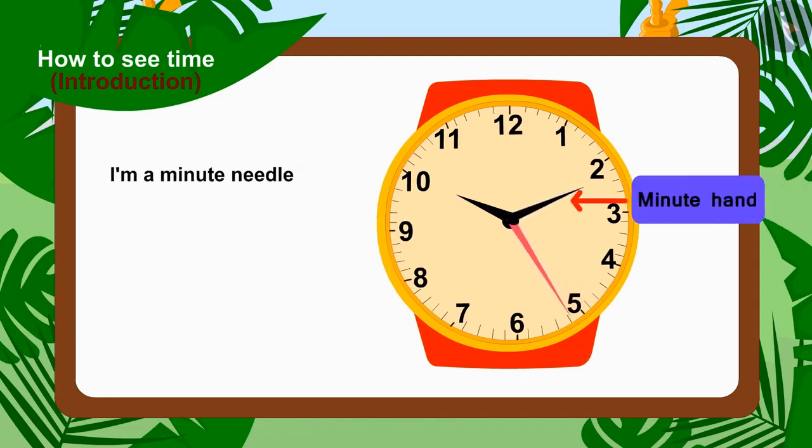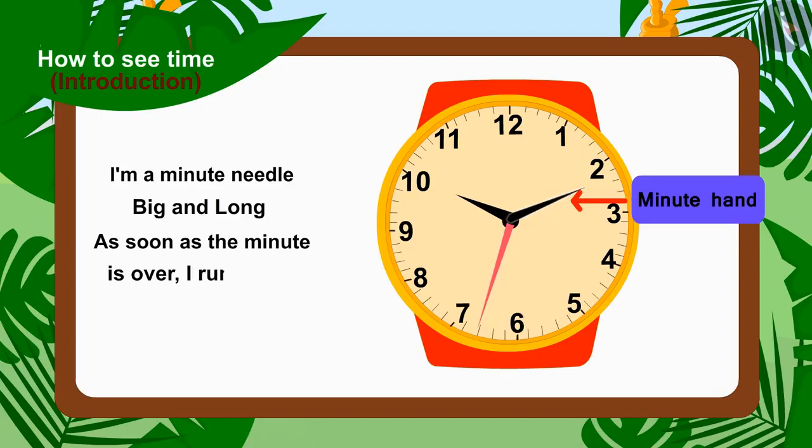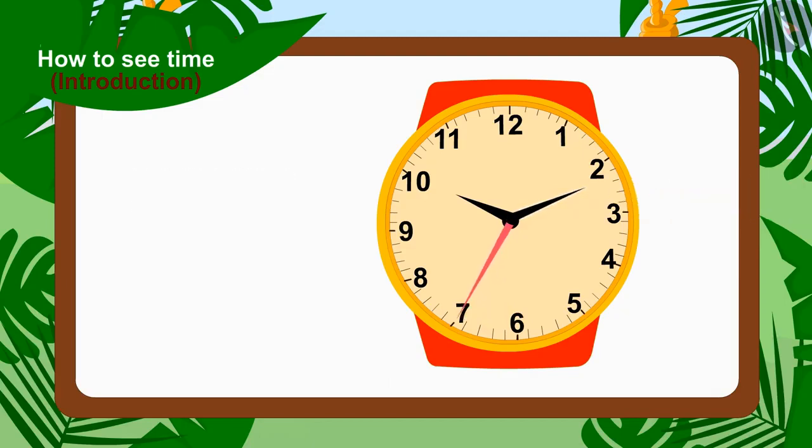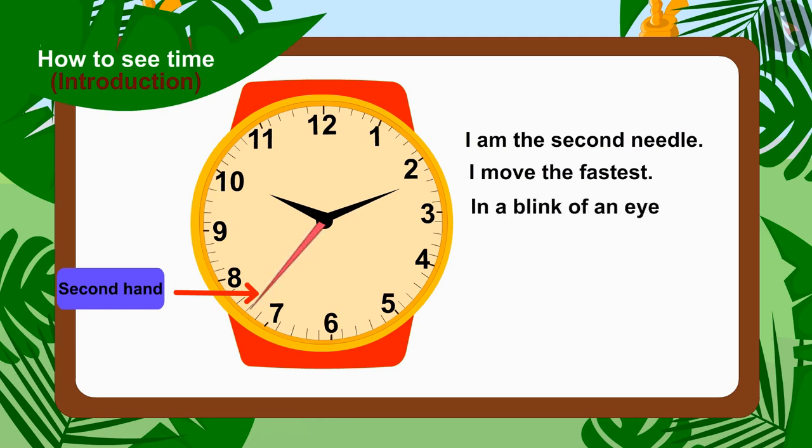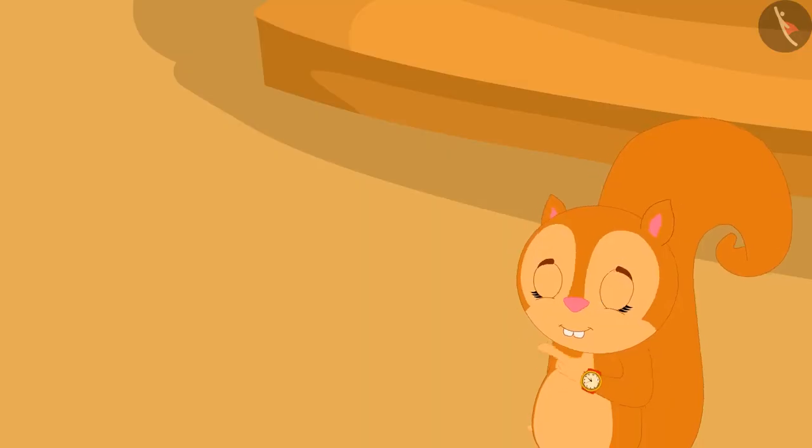I am a minute needle, big and long. As soon as the minute is over, I run ahead. I am second needle. I move the fastest. In a blink of an eye, I run quickly ahead.